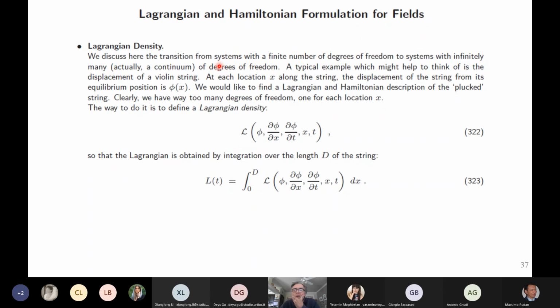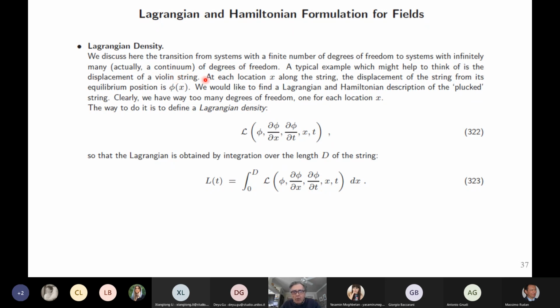So, the idea now is to go to infinitely many degrees of freedom. I will talk a little bit about the different interpretation of the reality that we have to take in order to understand what fields are and what particles are. Let's consider the example that I gave before, which is a violin string.